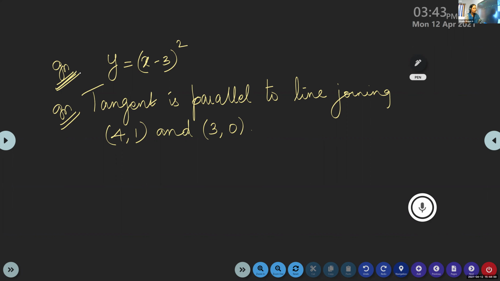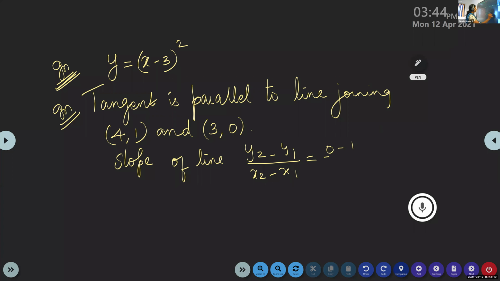Instead of that, we can use the two-point form. The slope of the line is y2 minus y1 by x2 minus x1. So 0 minus 1 by 3 minus 4, which is minus 1 by minus 1. So the slope of the line is 1.